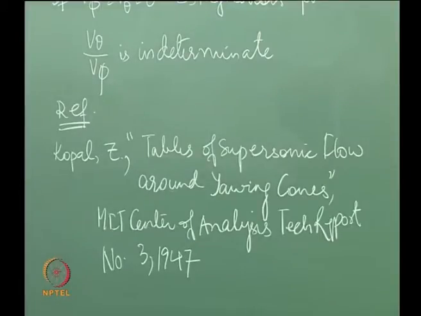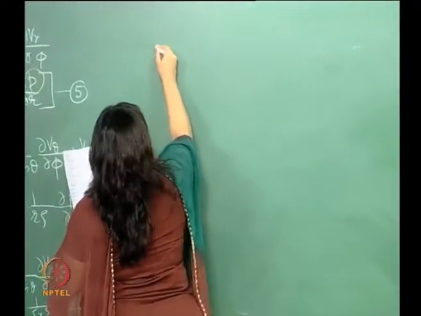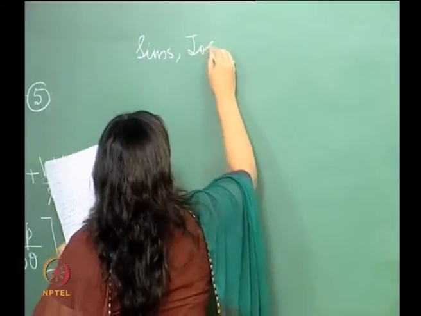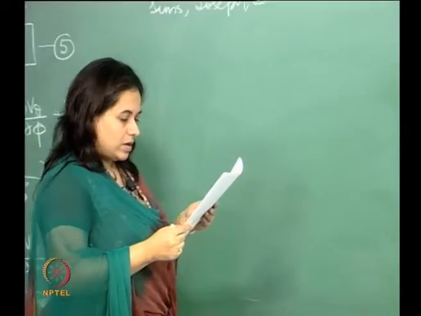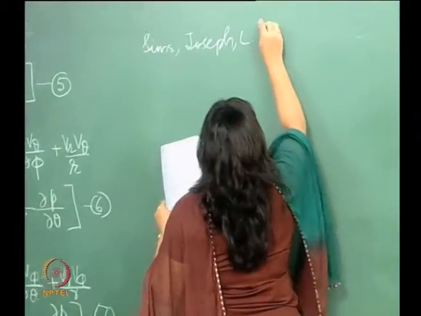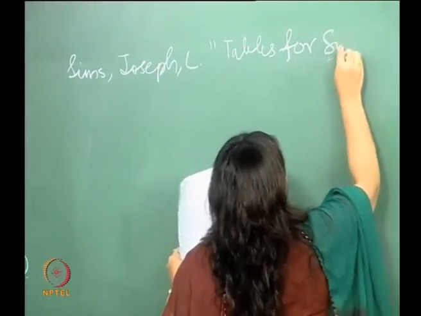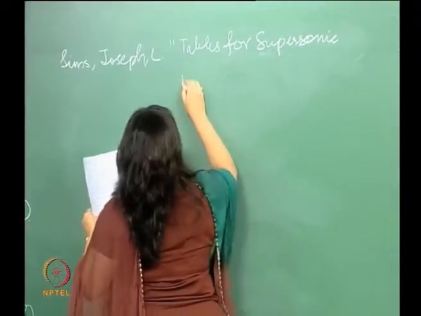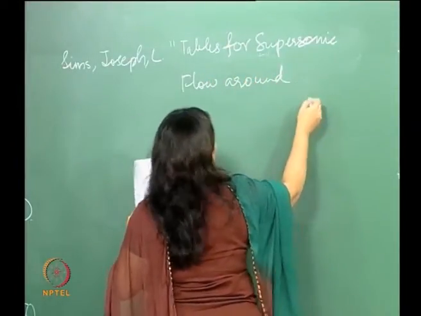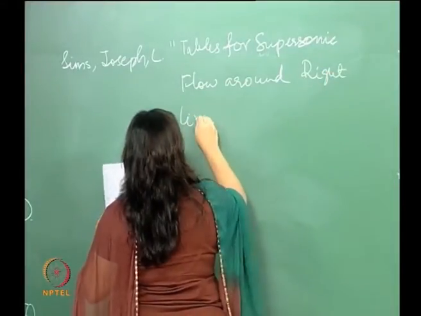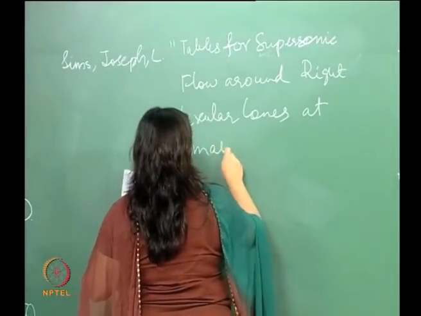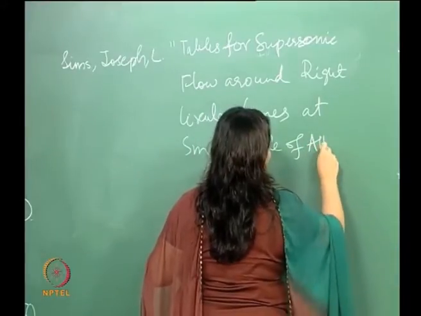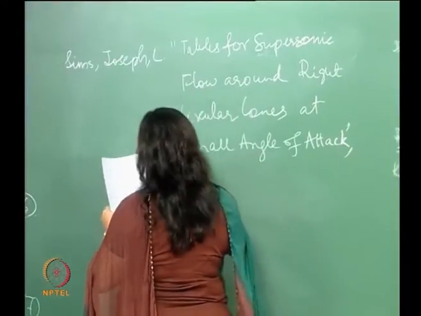Another reference is Joseph Sims, actually: tables of supersonic flow around right circular cones at small angle of attack.